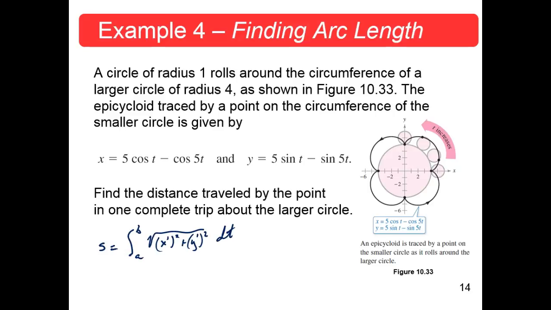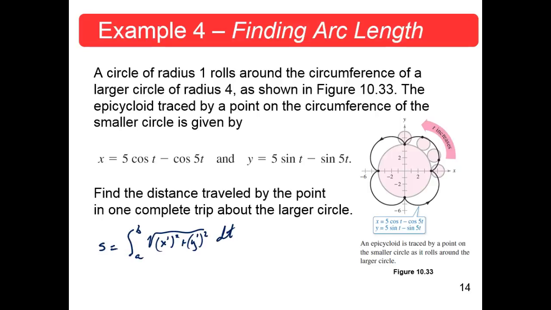Cosine of pi halves is 0, so this will be 0, and this will be 5 times 5 pi halves, 25 pi halves. What is cosine of 25 pi halves? You know that? Yes, you do. All of your odd multiples of pi halves for cosine are 0. So sure enough, the x looks like it stays at 0.